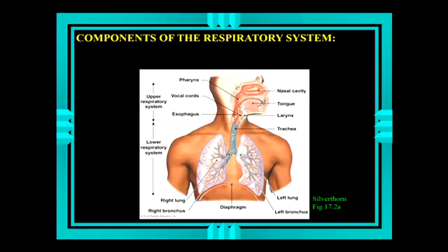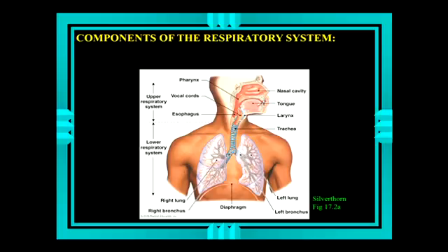This looks at a representation of the respiratory system. It's divided into upper and lower respiratory systems, not only based on the anatomy, but also some functionality. Those components that form part of the upper respiratory system often have dual purpose.